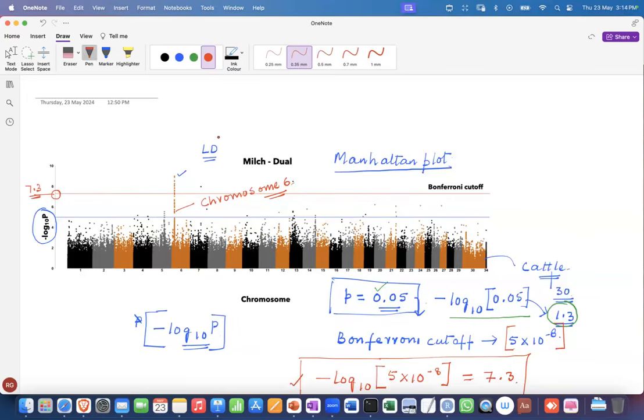See, the most important thing in a GWAS study is the hypothesis that is tested. This is very important. You take the null hypothesis as genotype has no estimated effect, whereas the alternate hypothesis is genotype has estimated effect.